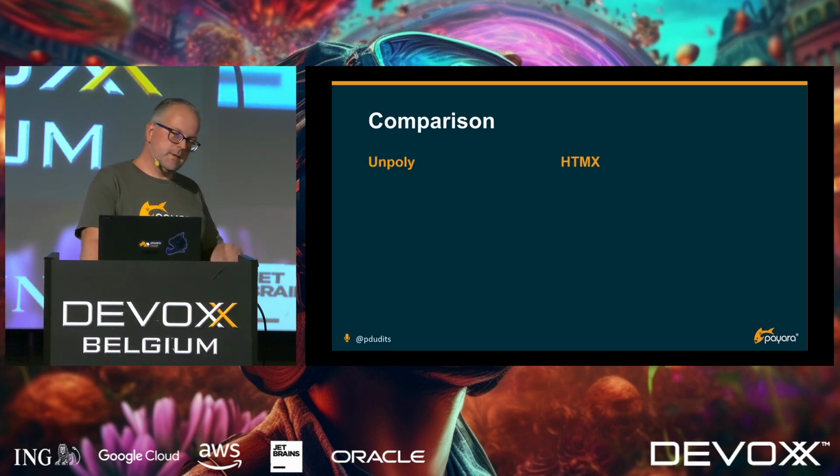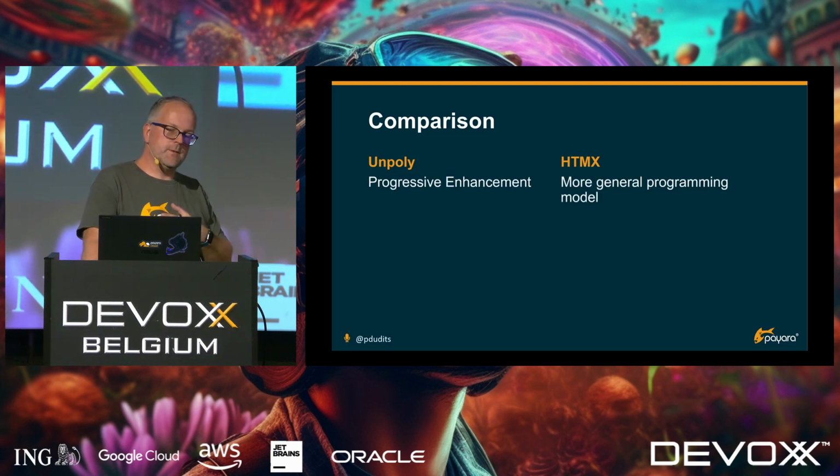Right, so in comparison, Unpoly is more built for progressive enhancement, whereas HTMX just tries to extend the model of HTML. HTMX is quite a bit smaller in exchange for less features than Unpoly has. It is the more popular library of the two.